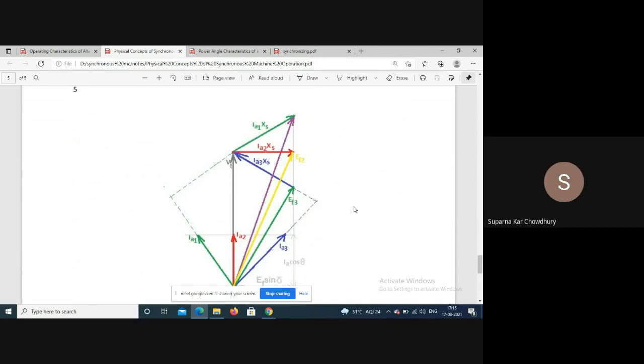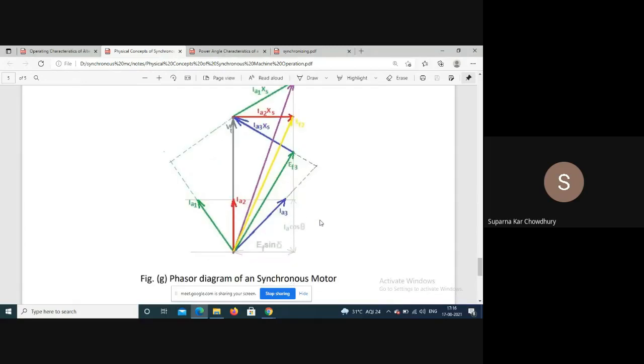For the synchronous motor, the same phasor diagram can be applied only if we replace the current Ia by minus Ia in the synchronous generator equation; we will get the synchronous motor equation. So the terminal voltage is applied, and Ef plus Ia Xs will be your terminal voltage Vt for a motor.